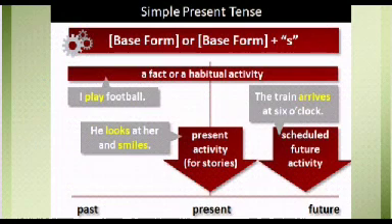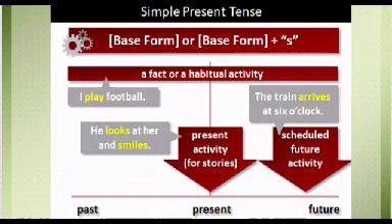Now here is a diagram that you need to learn. We use the base form or base form plus s when we talk about some habitual activity, like I play football. Then for present activity we can use this for stories, like he looks at her and smiles.